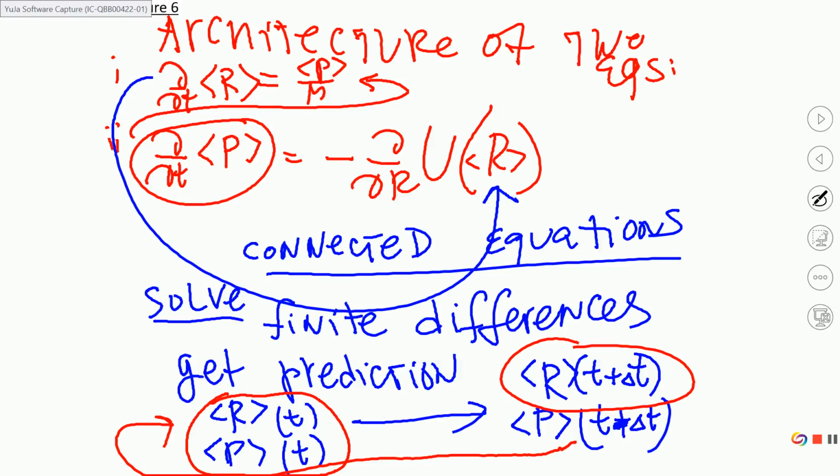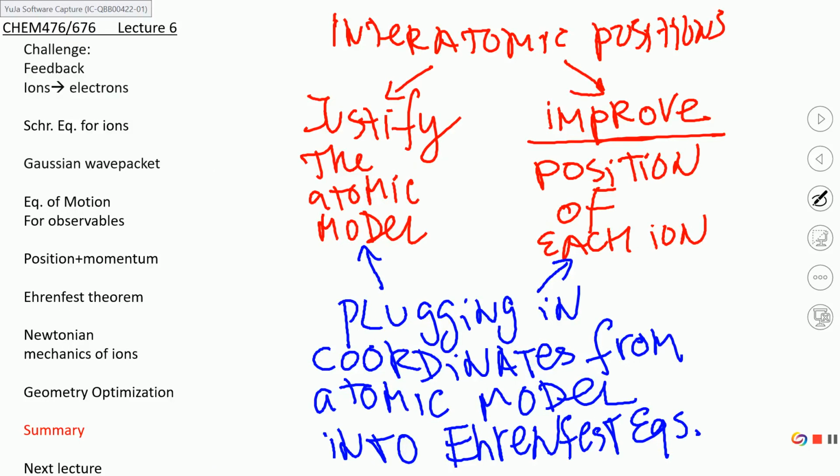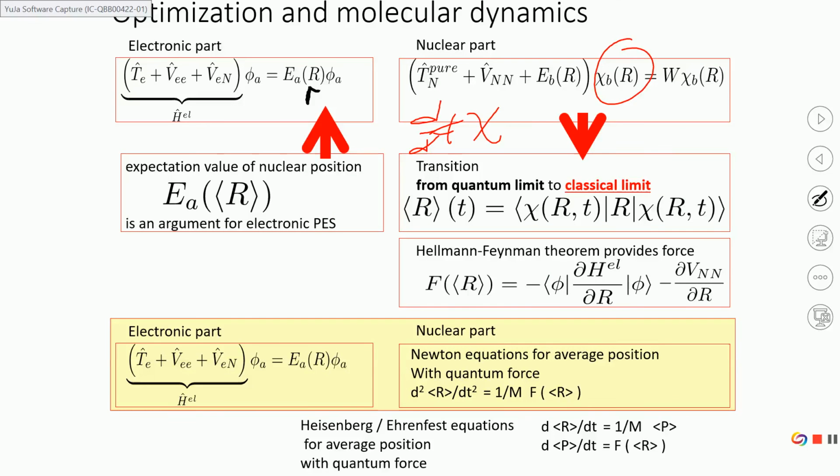And then we have this set of equations for position and for momentum, and we can solve them simultaneously to get from the expectation values of position and momentum at a certain time the position and momentum at the next time increment, delta t. So in some sense, we are reconstructing the procedure of molecular dynamics.